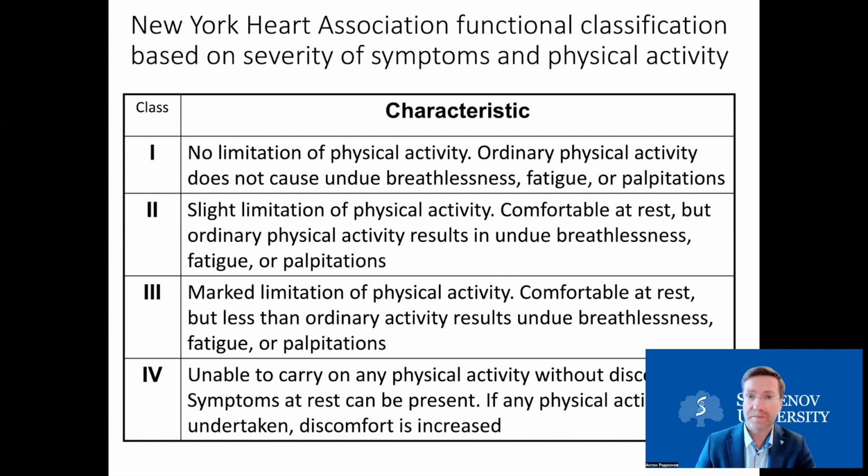There are 4 classes, from 1 to 4, and this classification looks like the classification of stable angina. First class is no limitation by ordinary physical activity, and fourth class is inability to perform anything without symptoms of heart failure. Class 2 and class 3 are intermediate: class 2 slight limitation, and class 3 marked limitation.